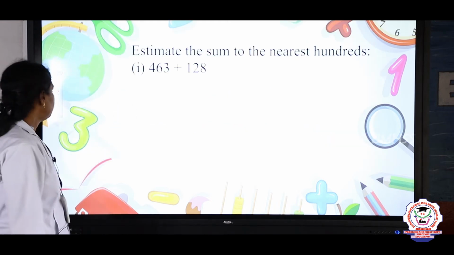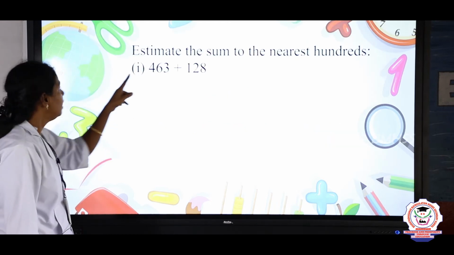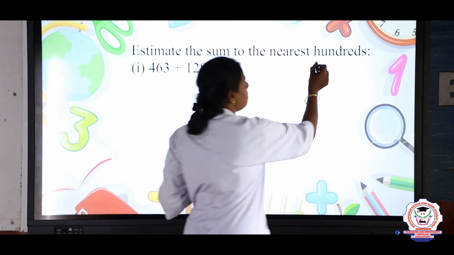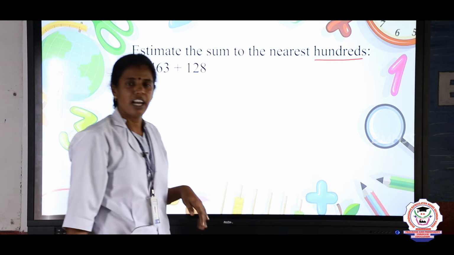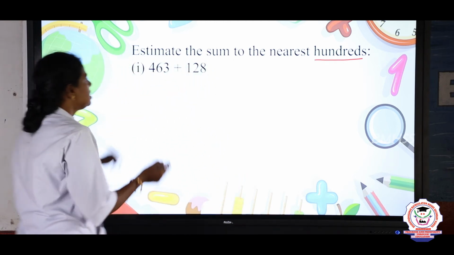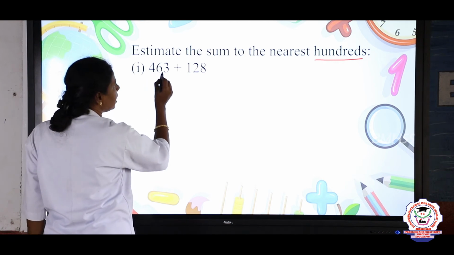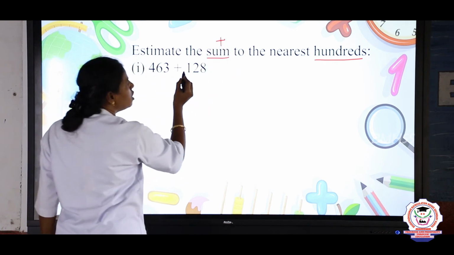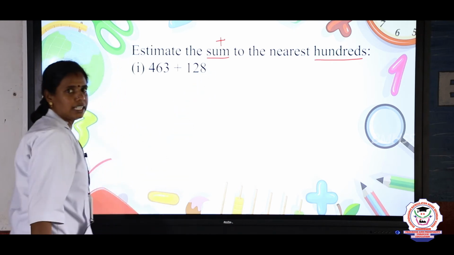So the first problem is to estimate the sum to the nearest hundreds. I told you how we will estimate the number. See, the first number is 463. Sum is nothing but addition, plus 128.